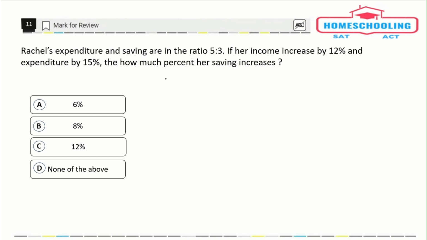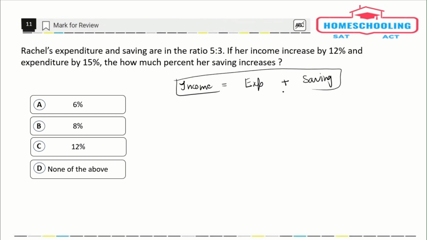So before we start this question, there is a formula that income is equal to expenditure plus savings. So you have to remember this formula. In the question, it is given that expenditure and savings are in ratio 5 is to 3.